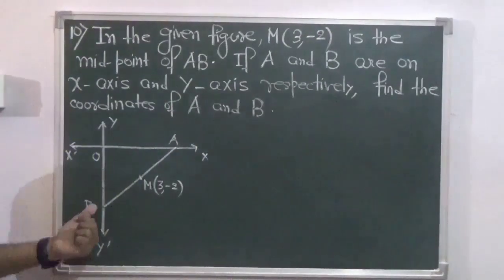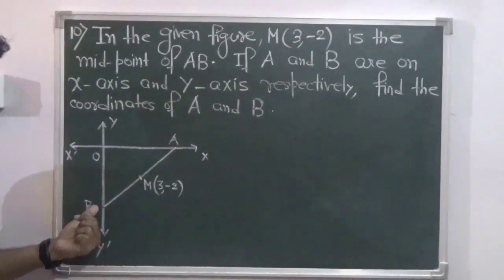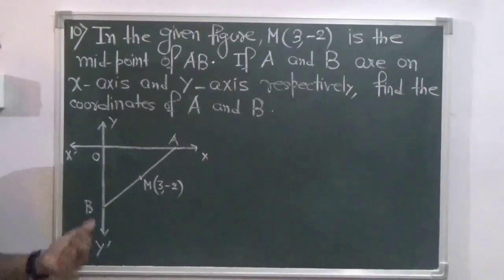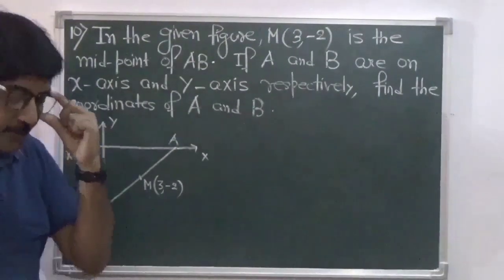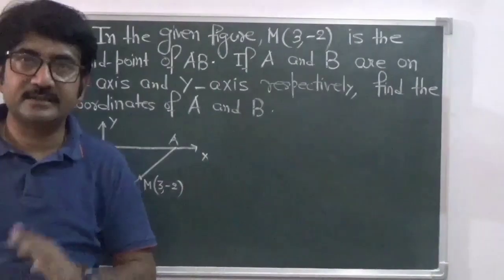In the same way, the coordinates of B can be taken as (0, y), because on the y-axis the value of x is 0.